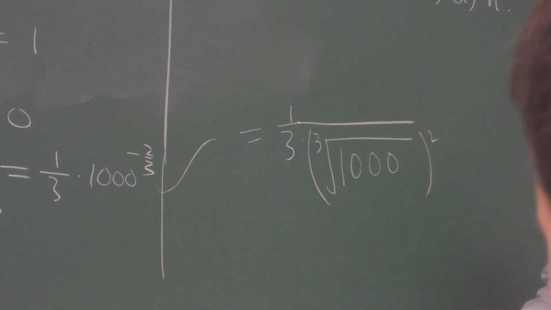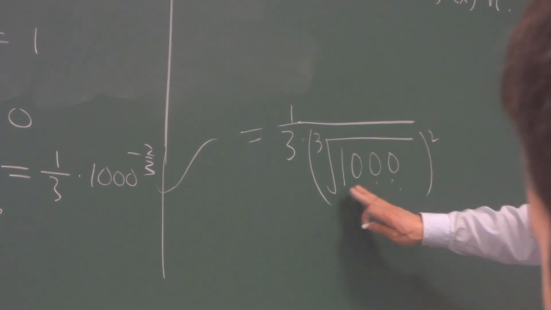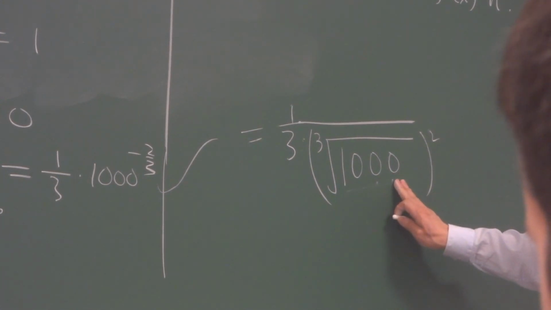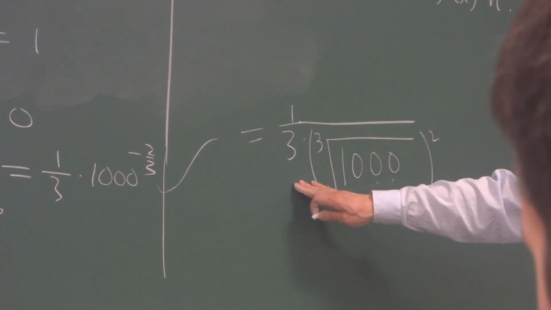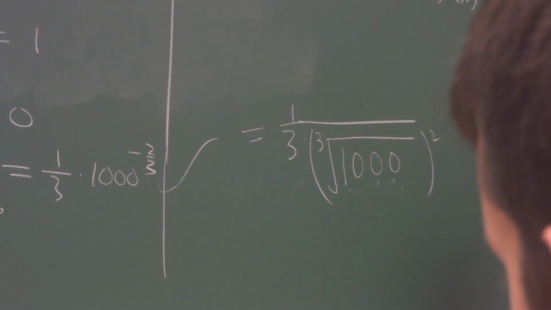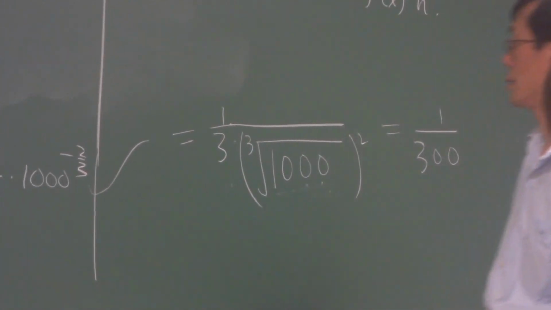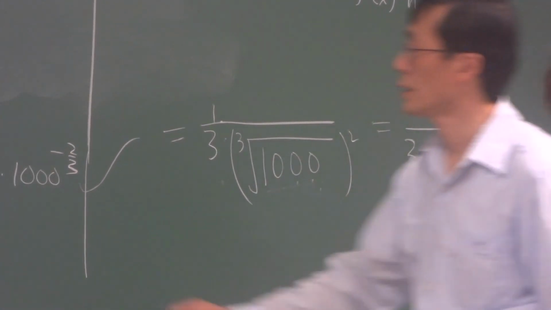That will give you 10, and 10 squared is 100. So 300, are you with me? 1/300 is what I get. So, yes, 1 over 300.